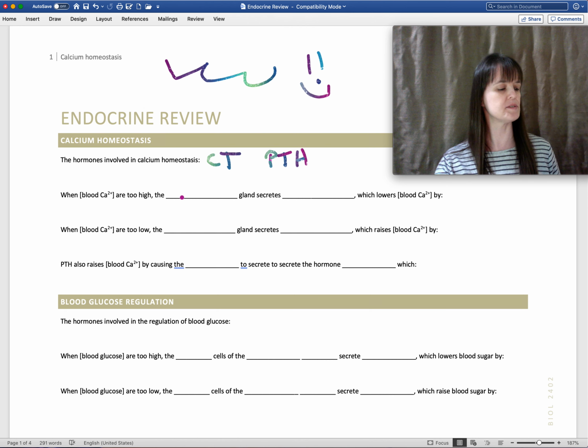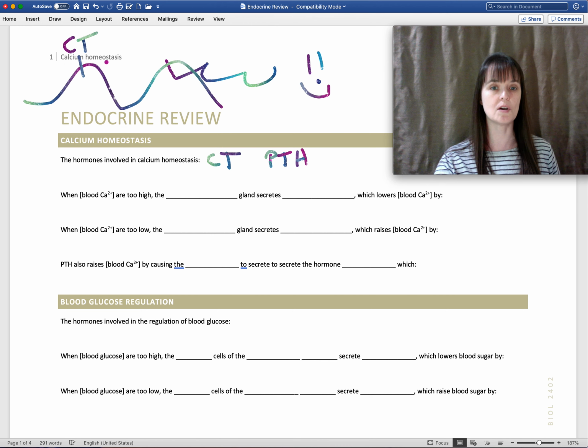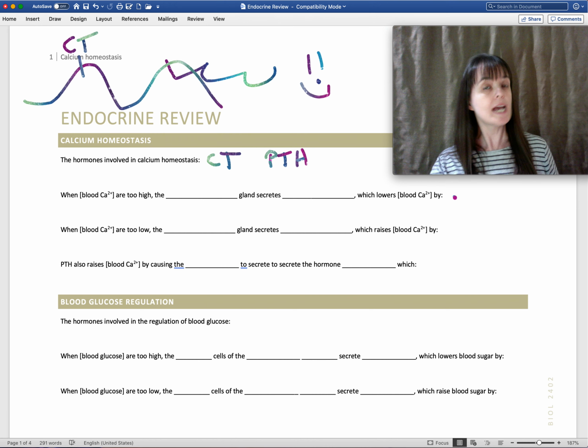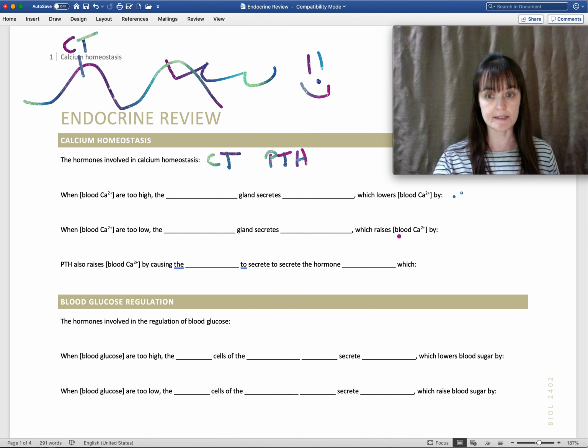When blood calcium levels are too high, the thyroid gland secretes calcitonin, and that lowers blood calcium by excreting calcium at the kidneys, which means you pee out more calcium. And it prevents calcium absorption by the GI tract.